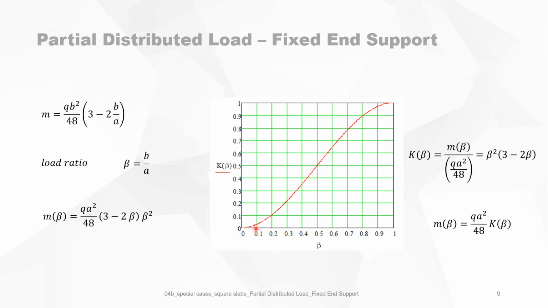You will notice that this coefficient, of course, is exactly the same as for simply supported slabs. But for simply supported slabs, this is 24, and now for fixed end support it is 48, but the coefficient is the same.